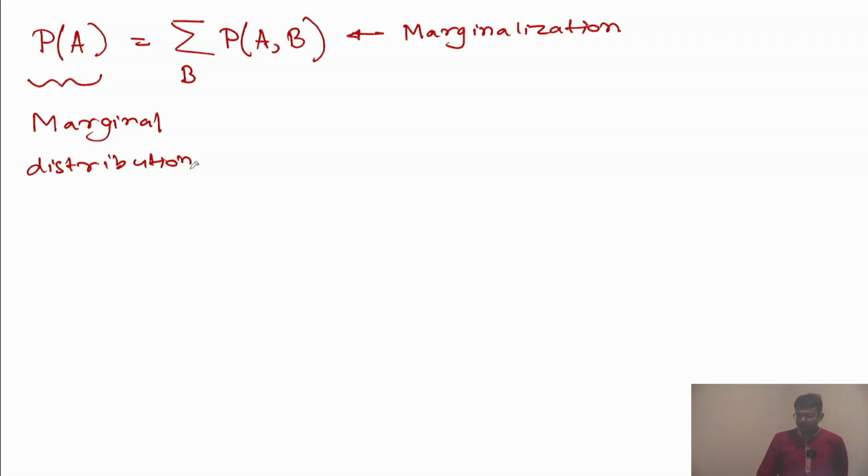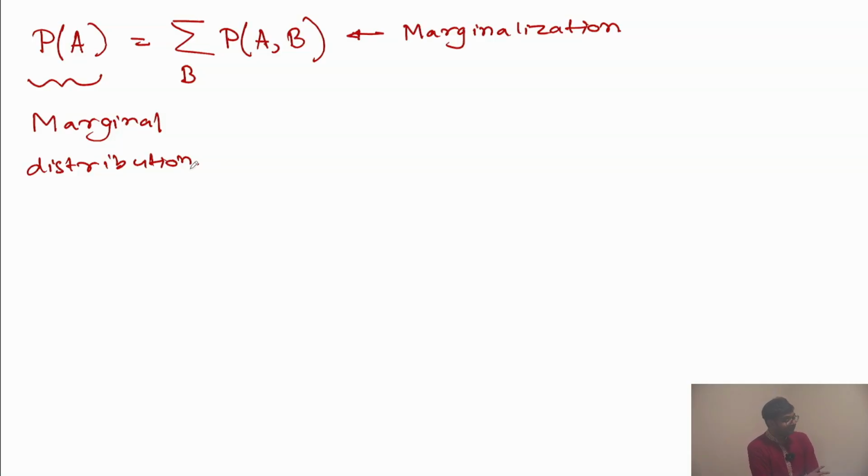Probability of A is basically known as the marginal distribution, and this process is known as the marginalization. Now, remember this marginalization has another name that is not obvious right now, but this will become obvious if I go to continuous random variable, and we will define what is random variable in a while.